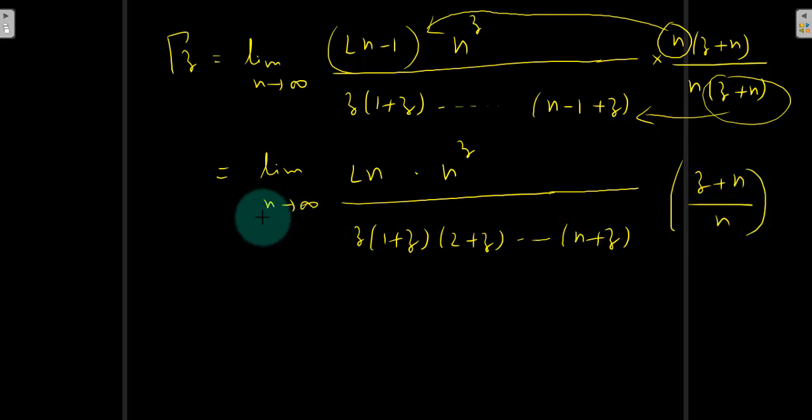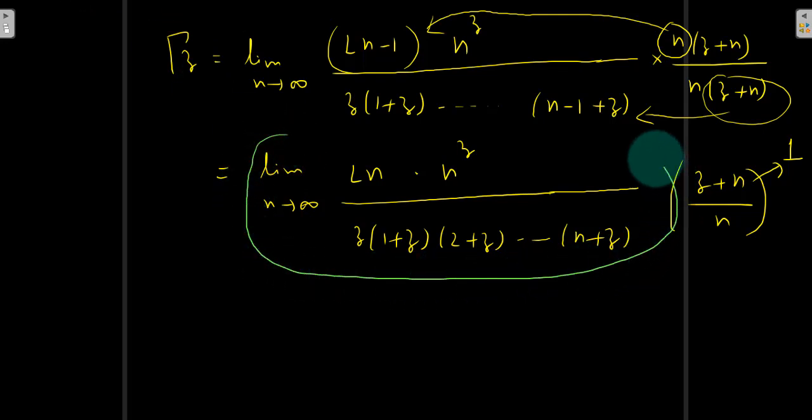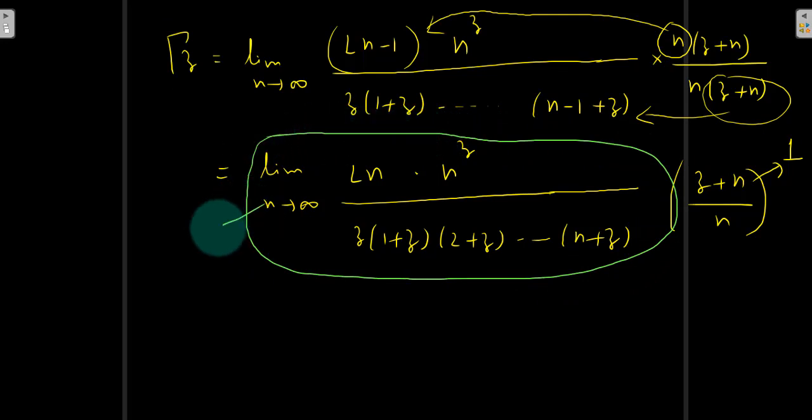If you take the limit n tends to infinity, you just divide by n, and you get 1 plus z over n upon 1. So this converges to 1, and you simply get this term only, and this is for gamma z. You must try this.